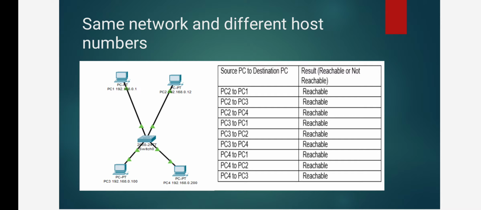So, the source PC to the destination PC. These are the connections between PC2 and PC1. PC2 and PC1 are reachable because 192.168.0 is the network part of PC1 and PC2, which is the same, and the host part is usable.